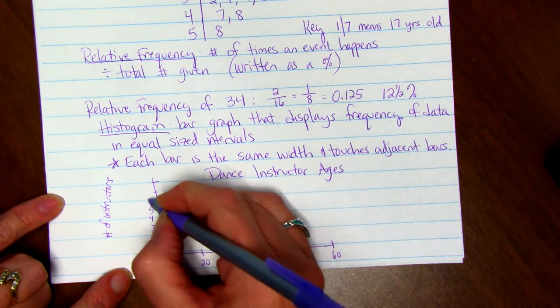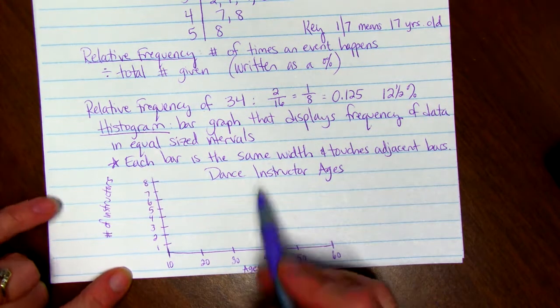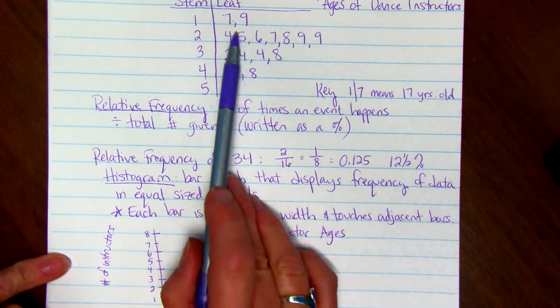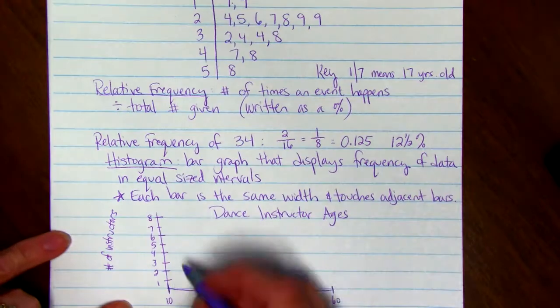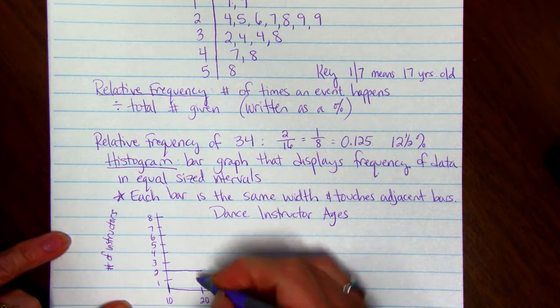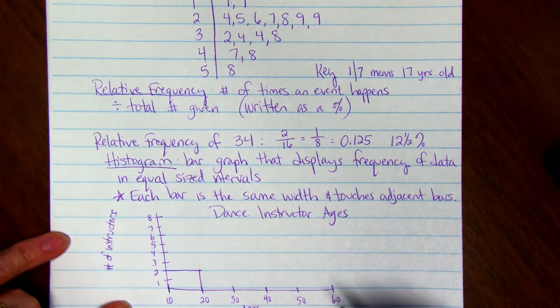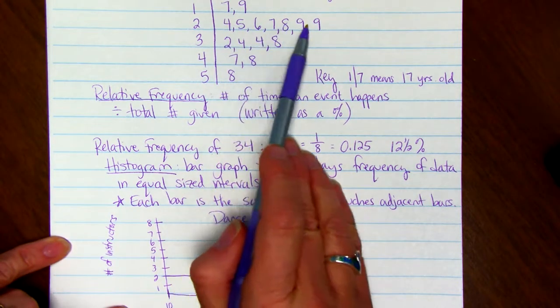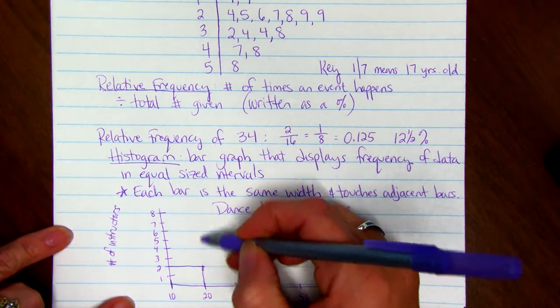How many do we have? From 10 to 20, we can look at our stem and leaf plot, and we have 2. So we'll go up to 2, and we draw our bar. Then from 20 to 30, you can just count here, 1, 2, 3, 4, 5, 6, 7. So we're going to go all the way up to 7.